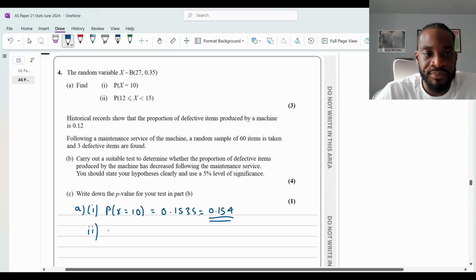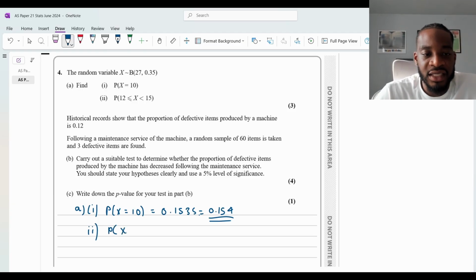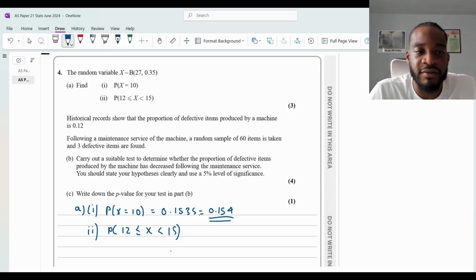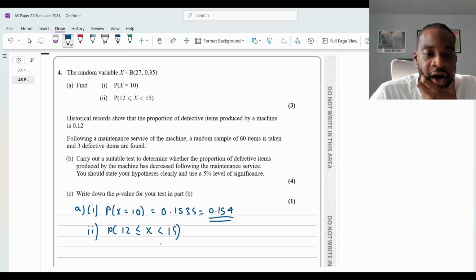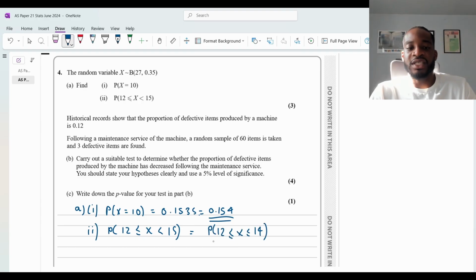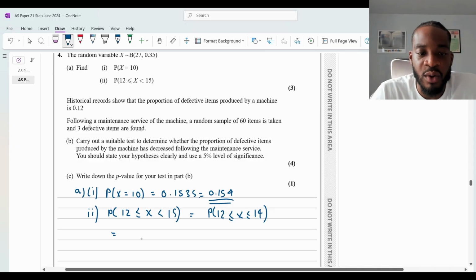Anyways, next one. Probability of x being between 12 and 15. Now, the 15 is not included, right? And this is a discrete random variable. So that actually just means between 12 and 14, inclusive. So again, you can just put this directly into your CG50, which is what I will do.